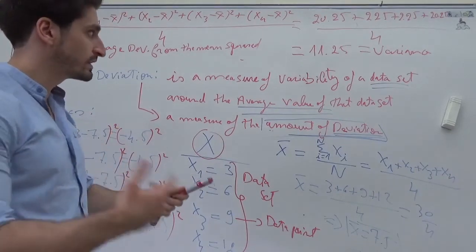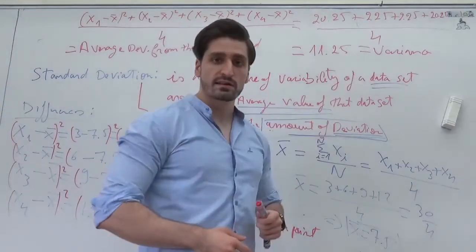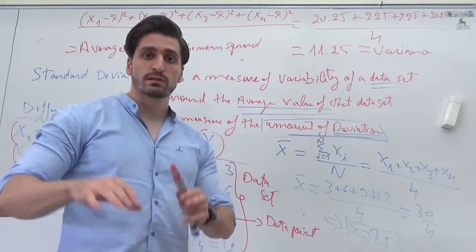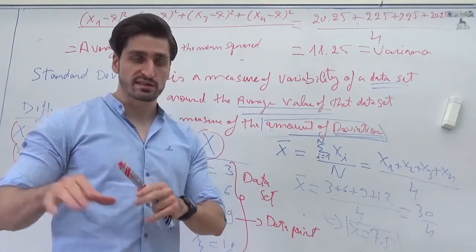So simply we have to take the square root of the variance. So the standard deviation is by definition equal to the square root of the variance.